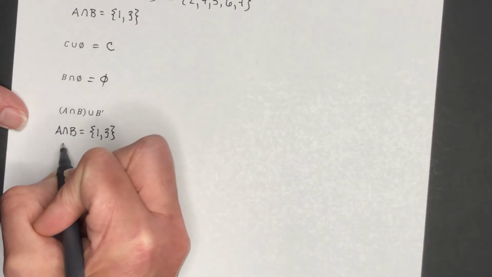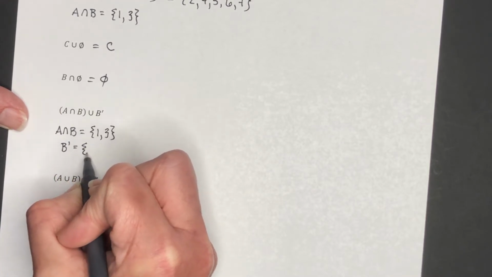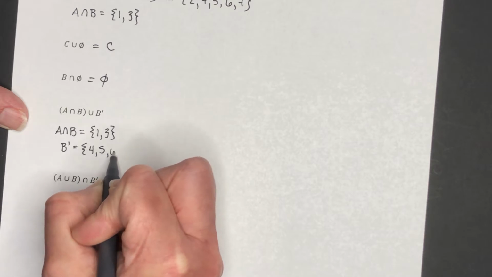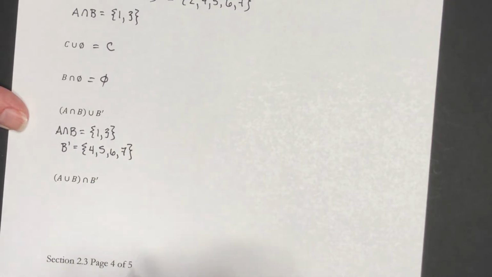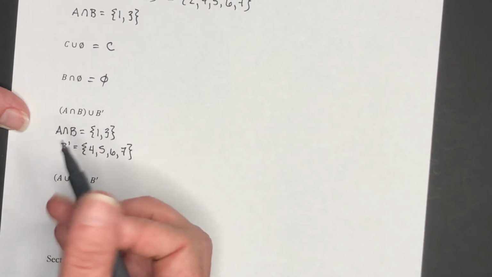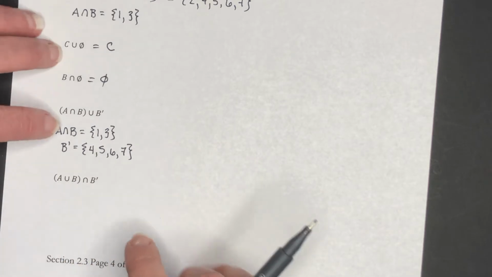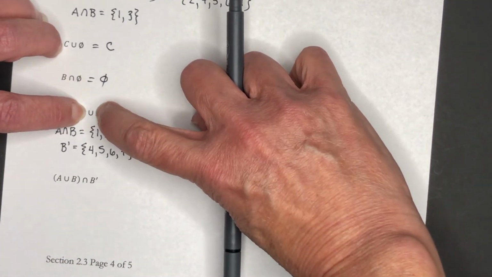The complement of B was 4, 5, 6, and 7. Okay, so now that I have these two pieces, this is this set right here and here, and what am I supposed to be doing with these two? Union.